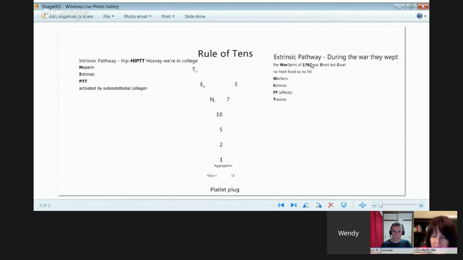Those are the vitamin K dependent. Okay. So if we go over to the other side, we have the intrinsic pathway. That means that it's activated intrinsically. In other words, it's activated from our internal self. And so the medication that we think of is heparin.